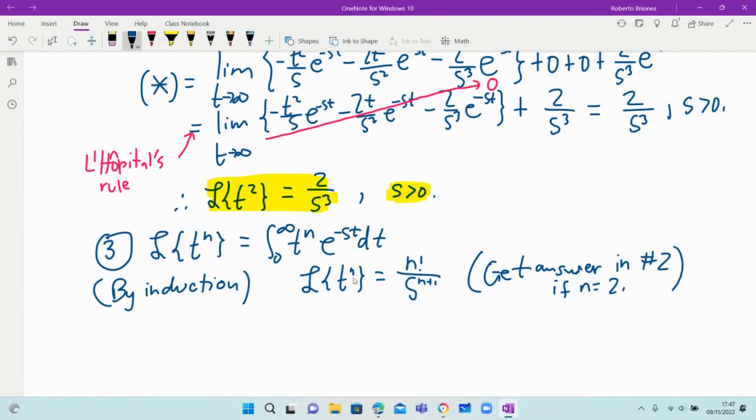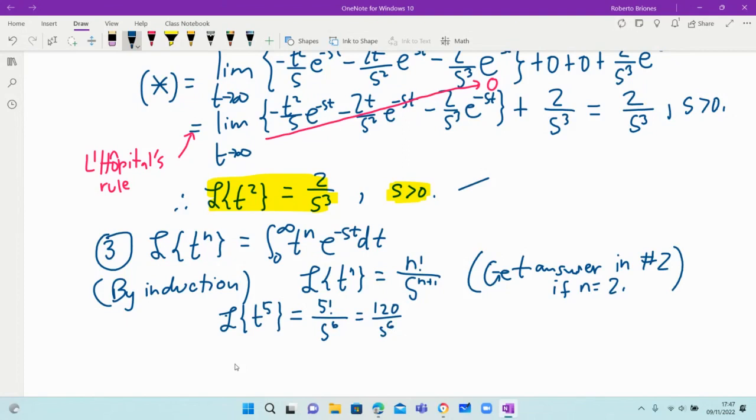Okay, and in particular, if you want to evaluate the Laplace transform of t to the fifth, then let us do the substitution right away. So this becomes 5 factorial over s raised to the sixth, which is equal to 120 over s to the sixth.